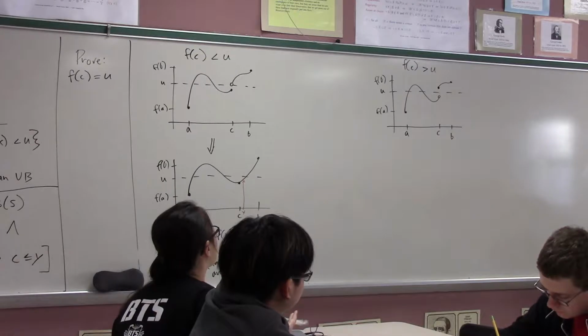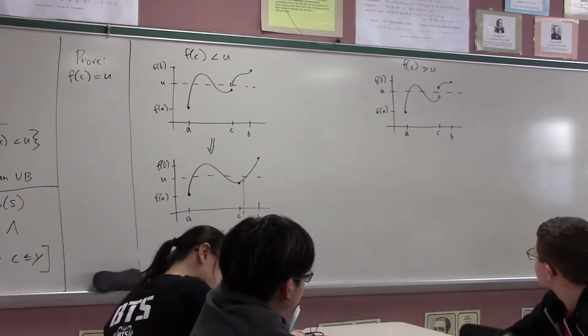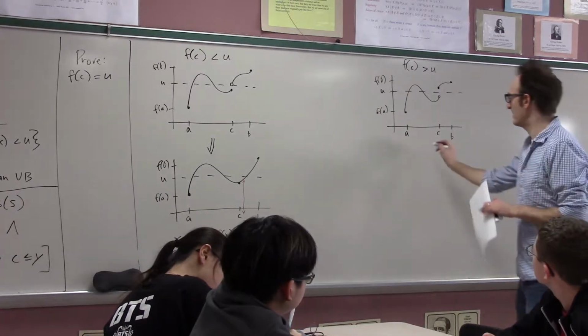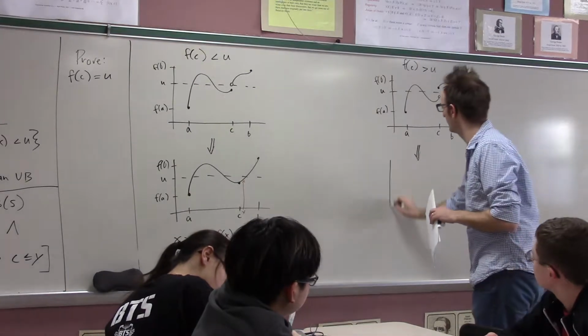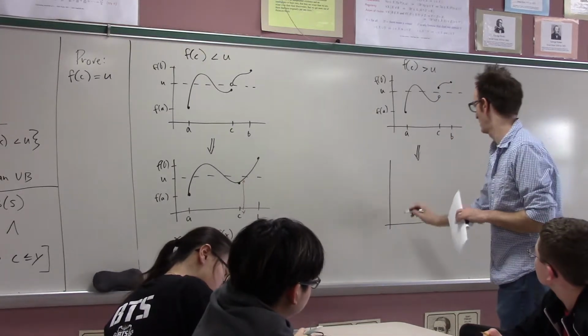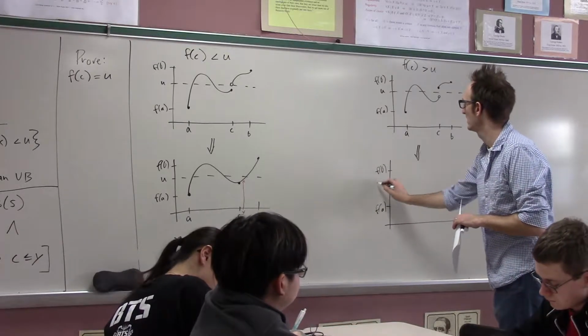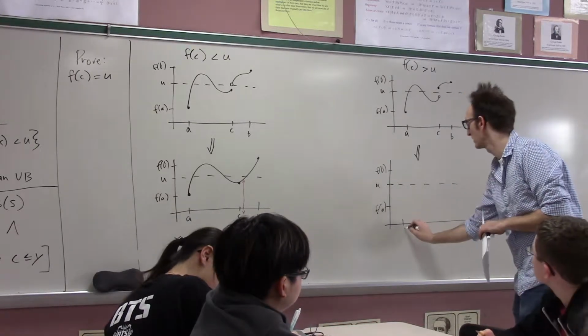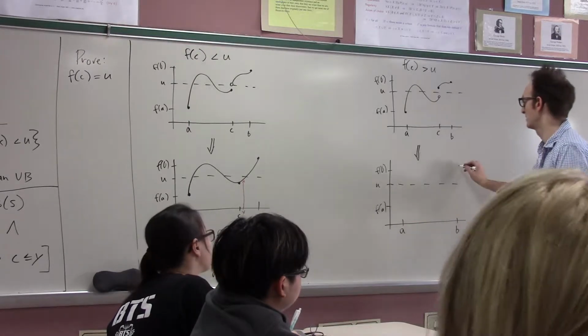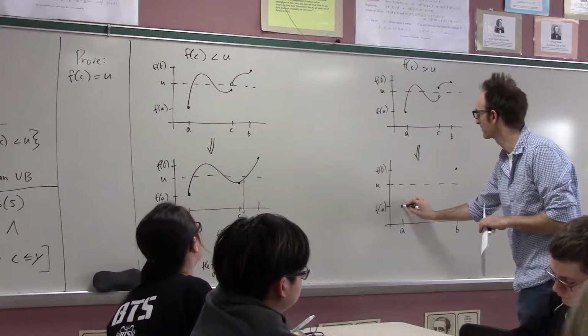Well, that would be the picture. But of course, that breaks continuity. And so if we install a continuity patch, then here's f of a, here's f of b, here's u, here's a, here's b.